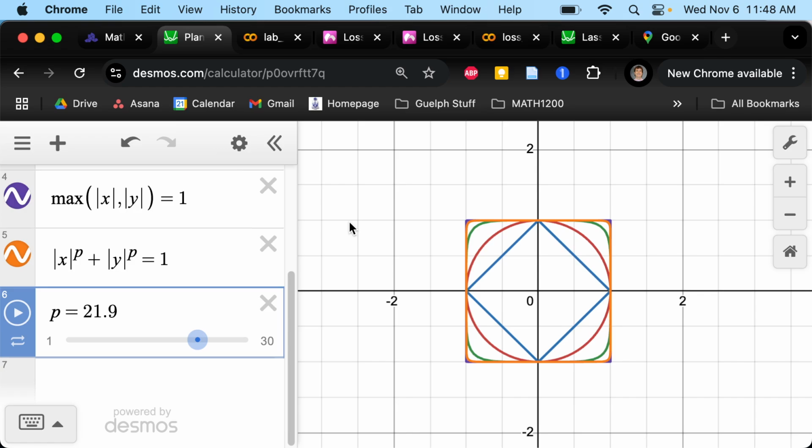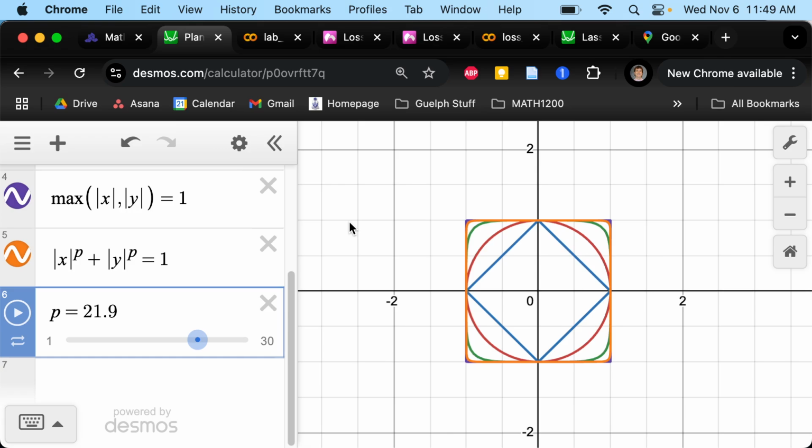The distance from the origin to (-1, 0) has the same length as the distance from the origin to the bottom left of the green boundary. That's right. You can think of this as the set of all the points that are distance 1 away from the origin, but we have different ways to measure distance, right?